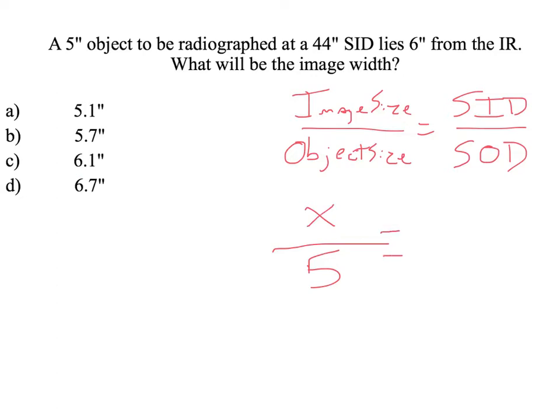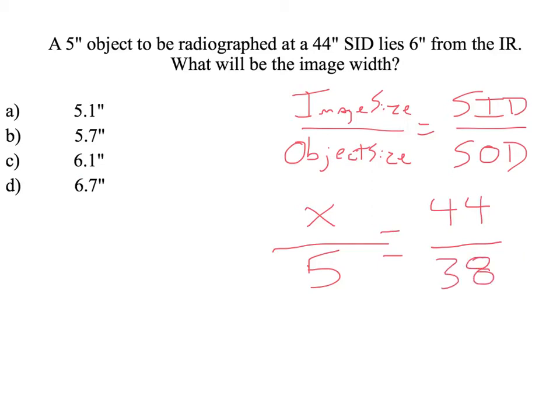I know what my SID is, my source to image distance is 44, but they're saying the object lies 6 inches from the image receptor. So I have to do what with my 44? Yep, subtract 6 inches. So 44 minus 6 equals 38, right?